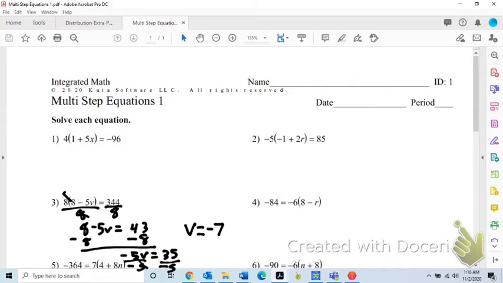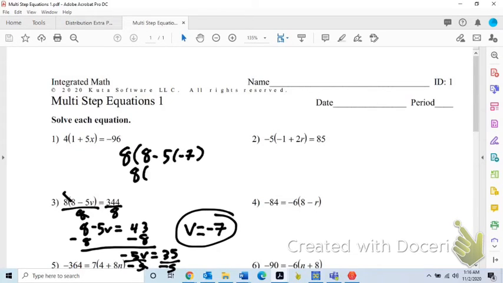Now, as always, if we wanted to, we could go back and plug this in and make sure we got the right answer. So what we do is we take that v equals negative 7, we rewrite the equation, and we plug in the answer that we got.